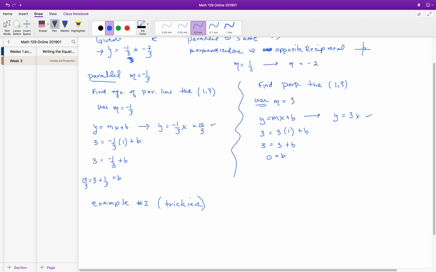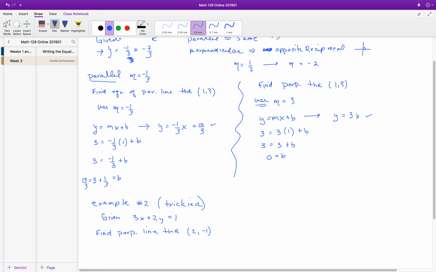If you're given something like, okay, the given line is 3x plus 2y equals 1, and let's say you're going to be asked to find a perpendicular line through the point, well, we could say anything, let's say 2, -1. Okay, so here's our example.